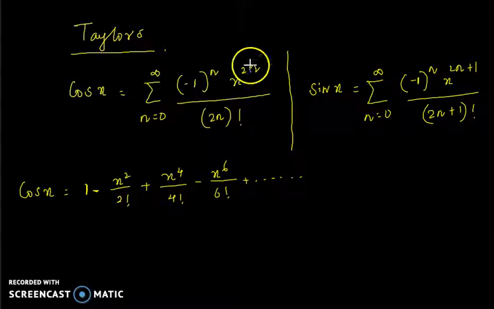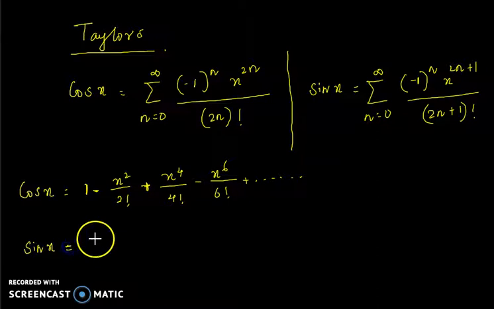When n equal to 2, minus 1 all power 2 is plus, and x power 2 into 2 is x power 4 divided by 2 into 2 all factorial, 4 factorial. And similarly, we can represent sin x in terms of an infinite series.